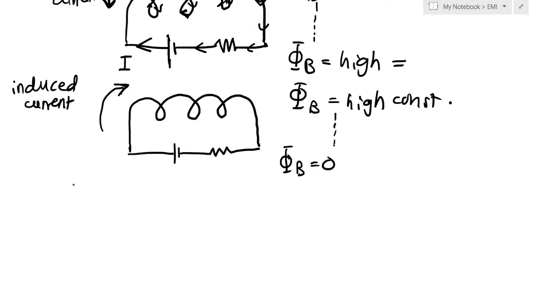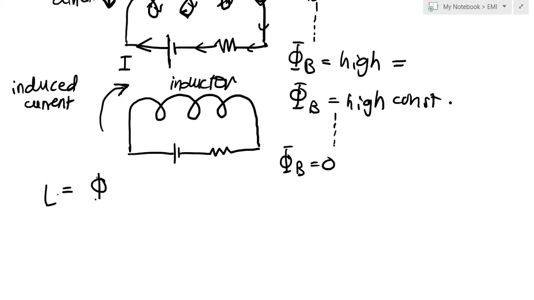Now one quantity that's really important, or tells you the strength of this coil, which you call an inductor. This coil I've been calling is actually an inductor. Now there is one quantity that can tell us the strength of an inductor. And what's the strength of an inductor? It's its ability to resist the change in magnetic flux.